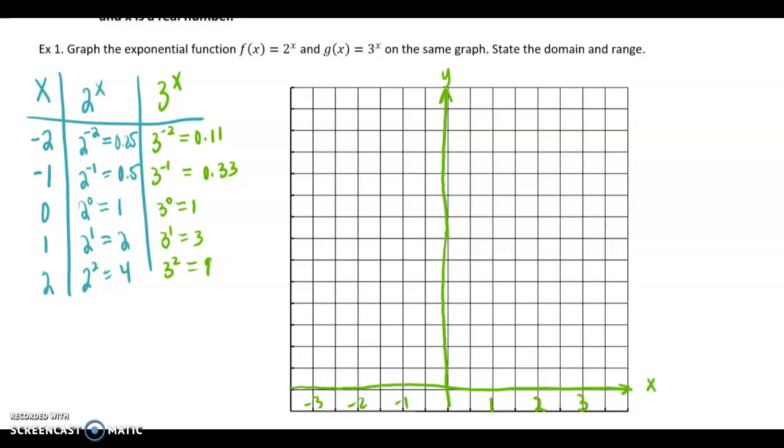Let's do 2 to the x first. So the first point is -2, 0.25, so about there. -1, 1/2, about there. 0, 1, 1, 2, and then 2, 4.